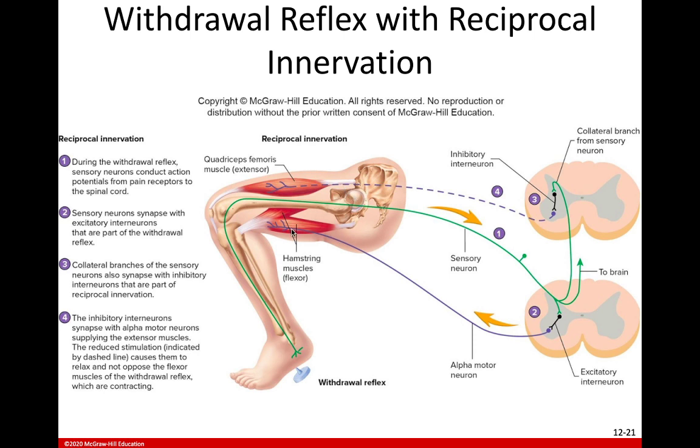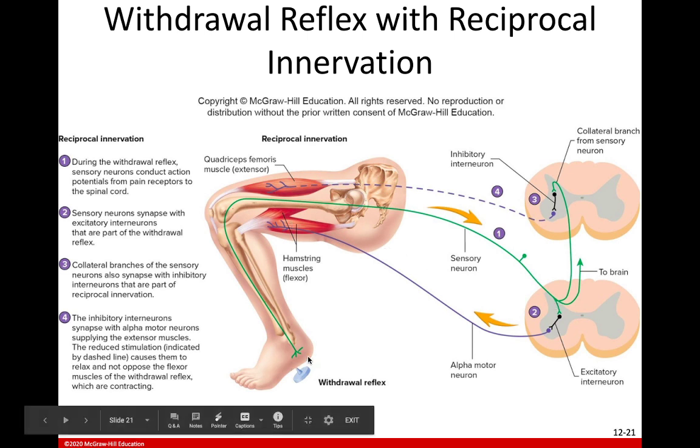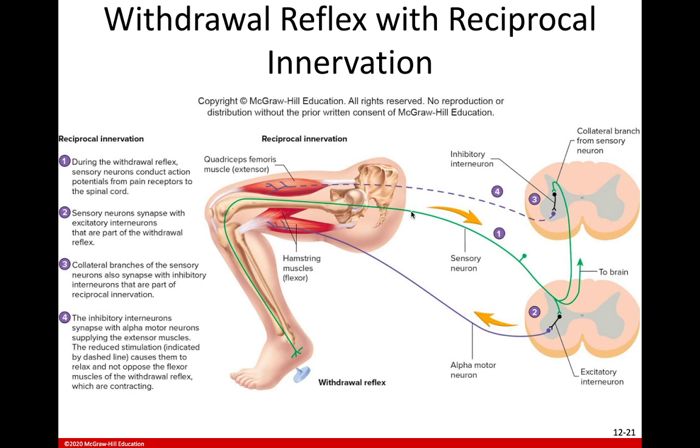We can see here again, we have the sensory receptors in our foot. We're stepping on a tack here. So that information is going along a sensory neuron to our spinal cord, and you can see here that sensory neuron is synapsing with two different things.